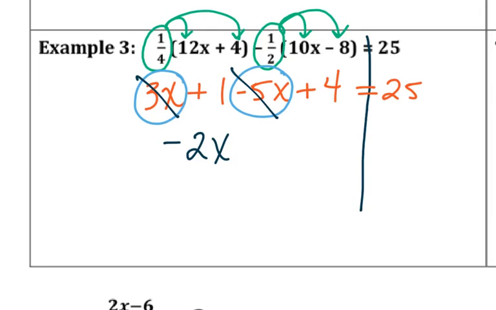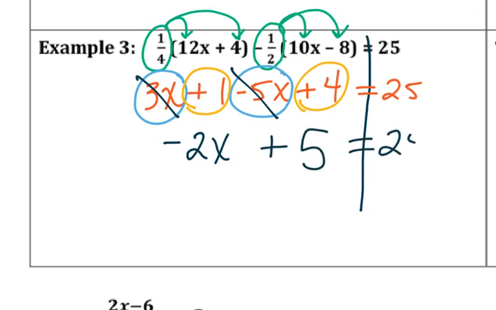Then I have a positive 1 and a positive 4. 1 plus 4 is the number 5. On the right side is a 25. So again, we simplified the left side of the border by distributing first, and then we combine our like terms.